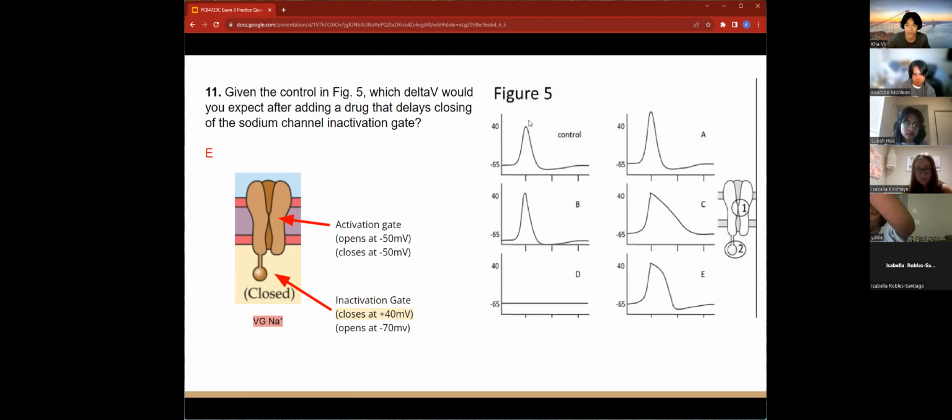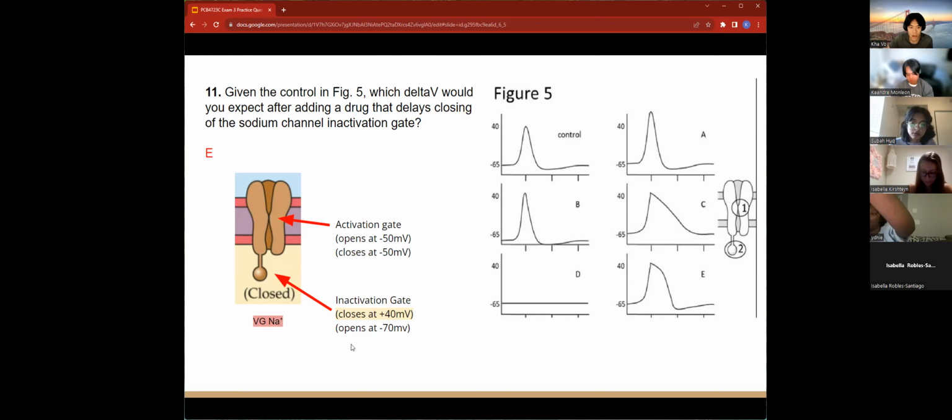So basically you can cross out any graph that doesn't have this hyperpolarization undershoot. So that's why we could eliminate choice C. The undershoot is caused by the voltage gated potassium one, not the sodium one, okay?